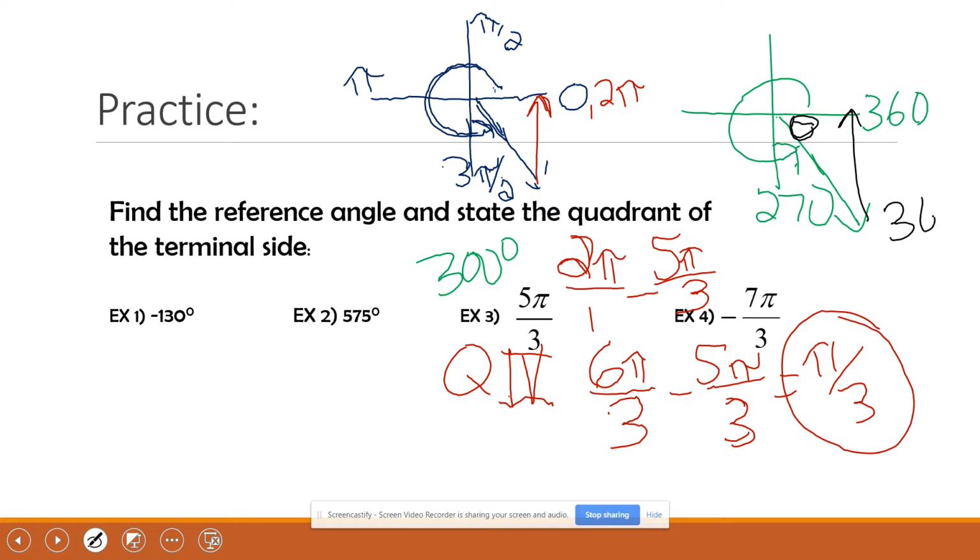And so you're doing 360 minus 300, which is 60 degrees. The thing is that if you do this conversion, you can't leave the 60 degrees. You need to convert it back into radians because you always want to give your answer back in the same units that you were given the problem. So since our problem was in radians, you do the conversion from 60 degrees, and that would be pi over 3.